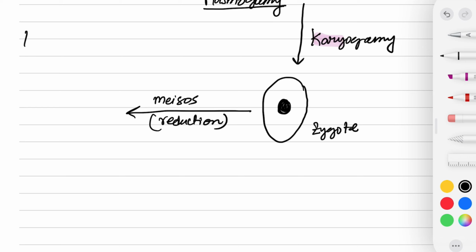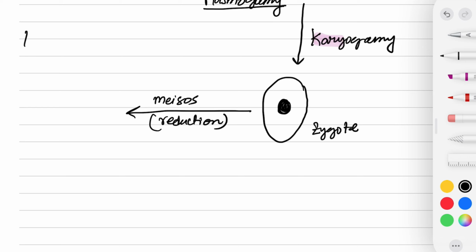See, in case of sexual reproduction, you can assume that these are the two hyphae, two haploid hyphae, that come together to form this stage, and after karyogamy it becomes a diploid zygote. Now, in some fungi, the fusion of these two haploid cells immediately results in diploid cells.